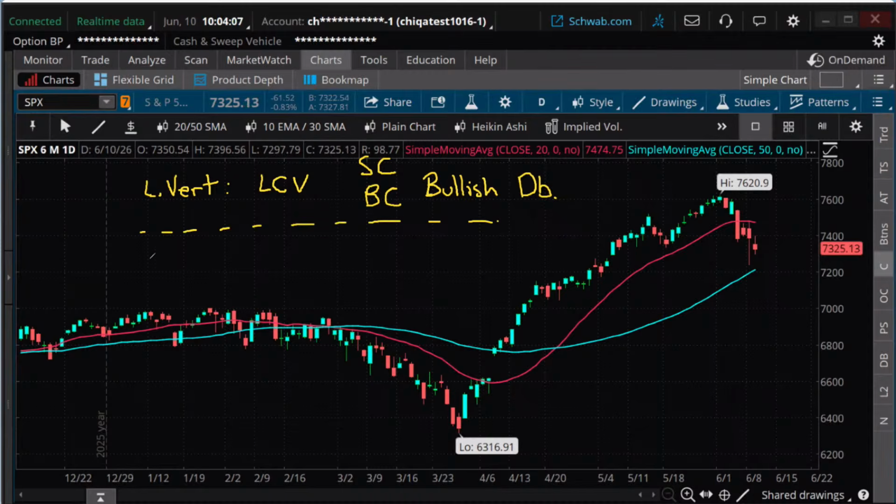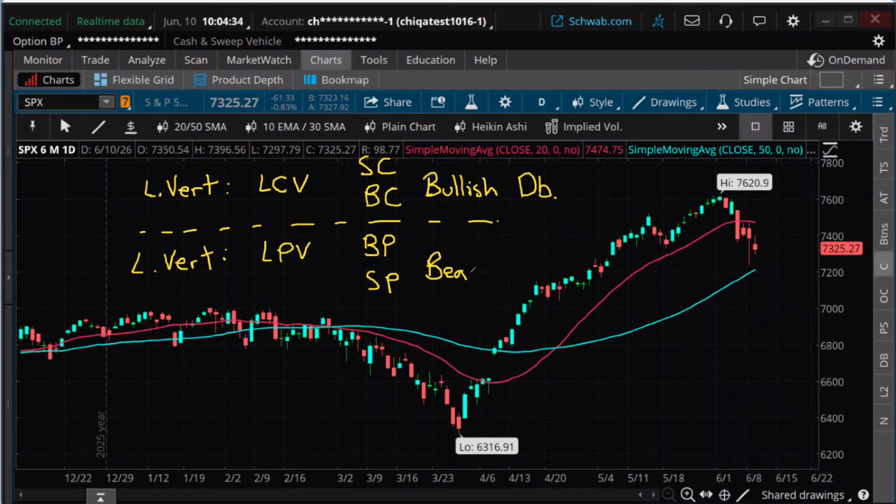Okay, let's do another type of long vertical: a long put vertical. In the case of a long put vertical, you're going to buy a put and sell a put at a lower strike. That's going to be a bearish trade.